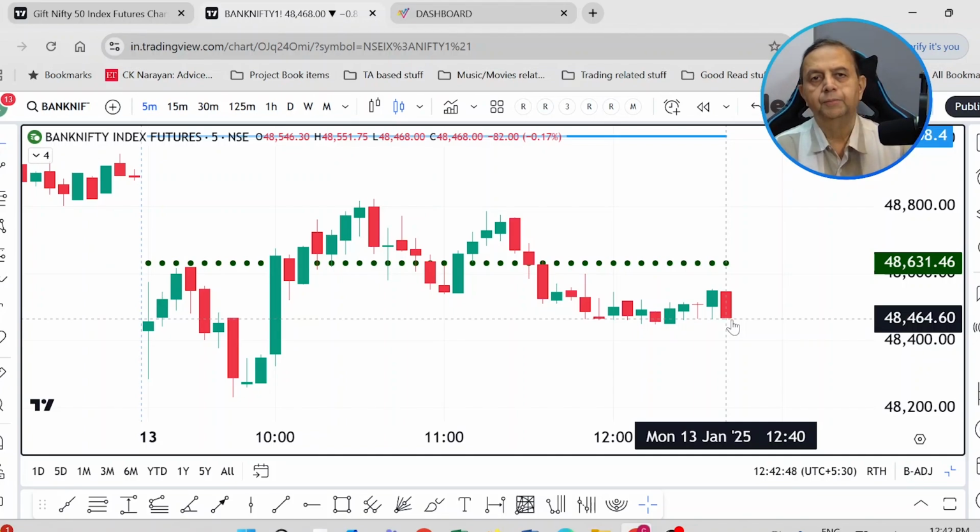On the Nifty future, again oversold, but maybe having some more room for some further decline. So as things stand right now, it looks like we may hit somewhere around 22,800, 850 levels before some meaningful support is found.